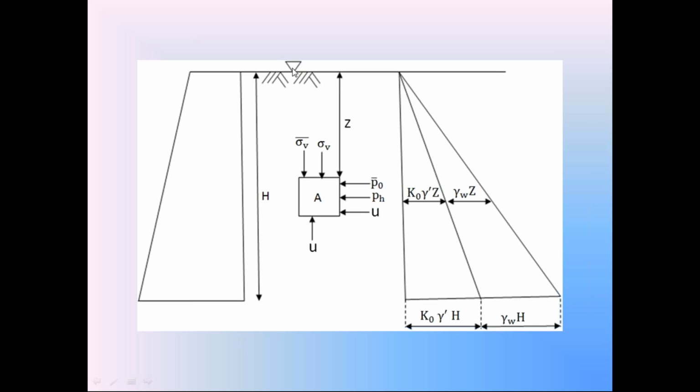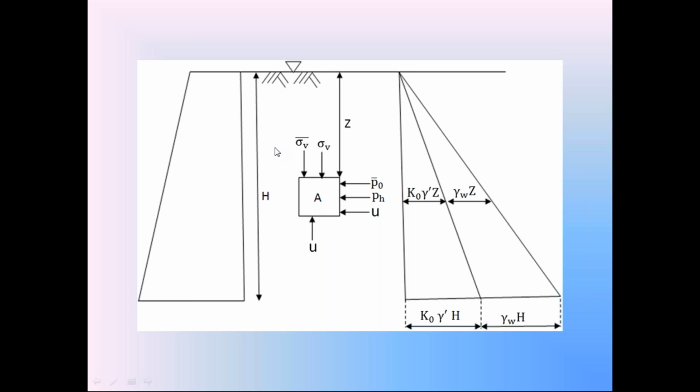It is always acting in the vertically upward direction. The pore water pressure small u is equal to gamma W, unit weight of water, into the depth Z.